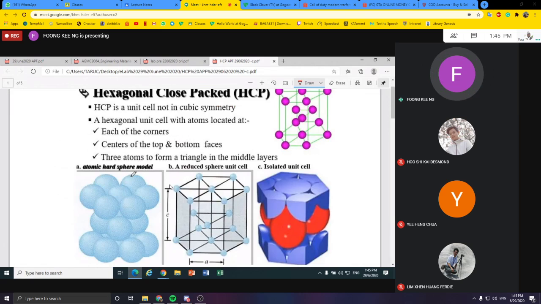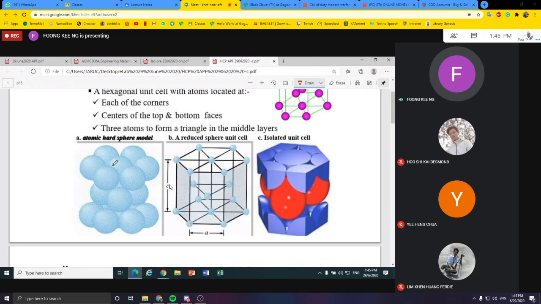This is your illustration of a hard sphere atom model. You can see this is your hexagon at the third layer. So this is layer A, layer B, layer A.